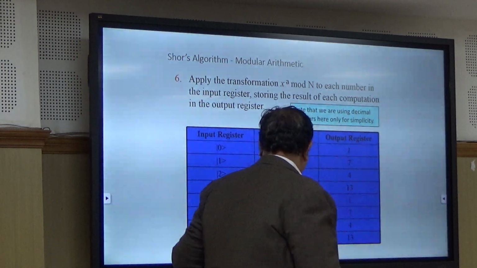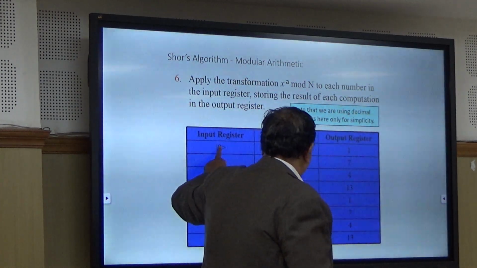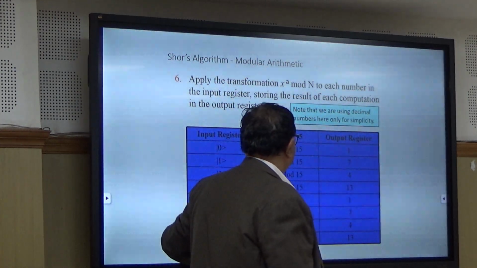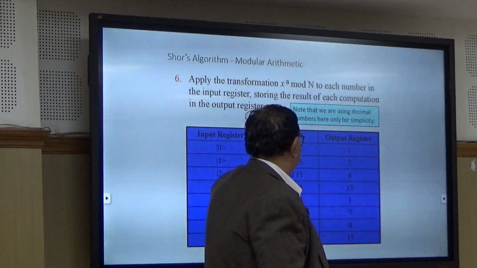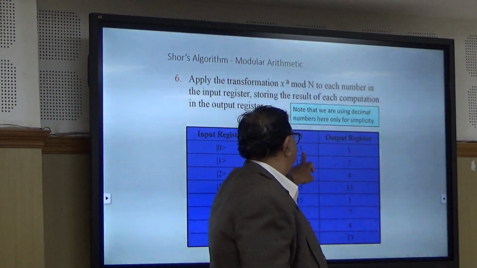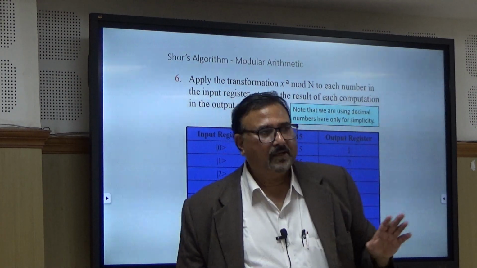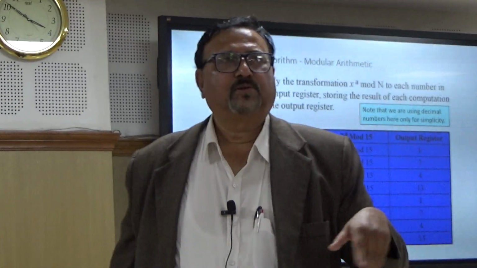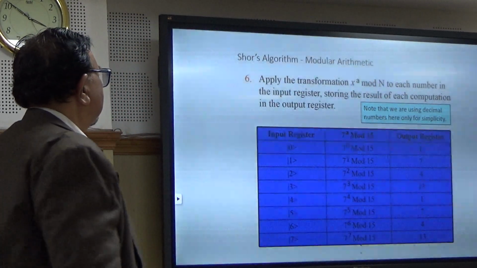So this is the mathematics. This is between 0 to 7. So you can see 0, 1, 2, 3, 4, 5, 6, 7. Okay, and then this is the mod. Well, I will tell you the application in more detail, let me show you.